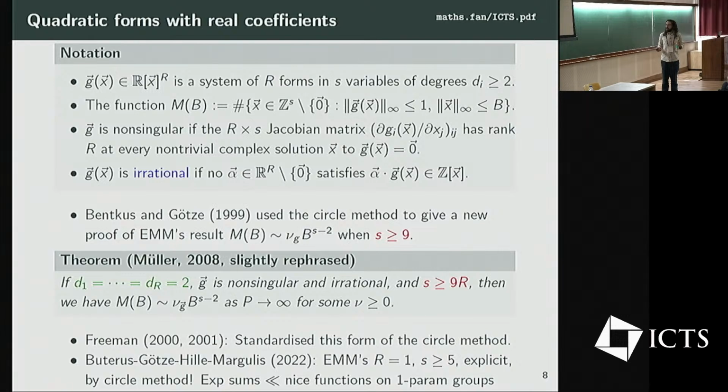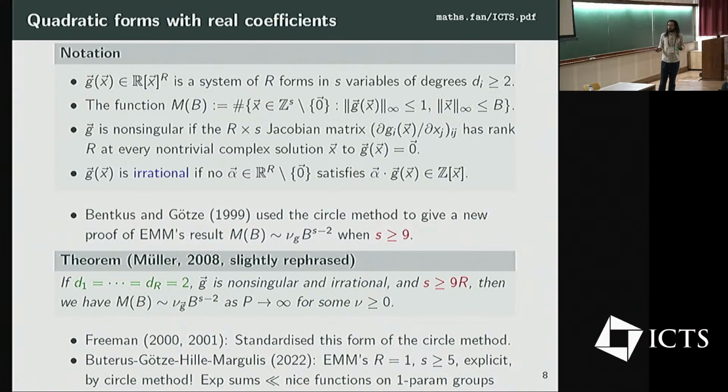Then I should also mention this more recent and very intriguing work, very difficult, but I think quite exciting, which reproves the result that Eskin, Margulis, and Mozes got by ergodic methods, by the circle method, which means that it's explicit in the Diophantine properties of the coefficients.